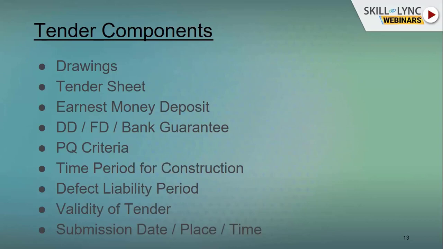It states that any defect observed in the work after completion up to that period, the contractor is bound to rectify at his own cost, and the owner will not pay anything extra for that defect. Normally in tender conditions, the employer will mention that 5 to 10% of the total contract value will be treated as retention money. That retention money will be given to the contractor only after successful completion of the defect liability period.